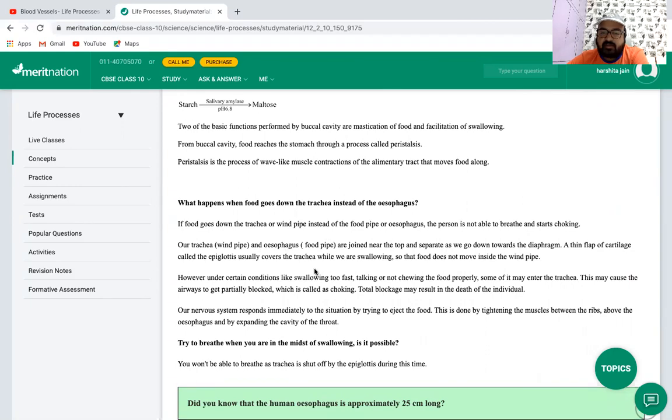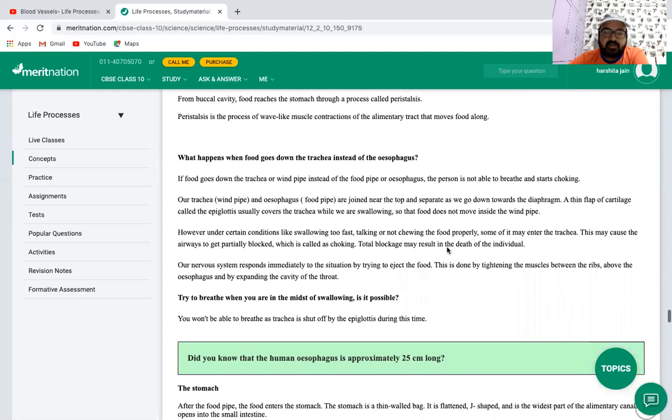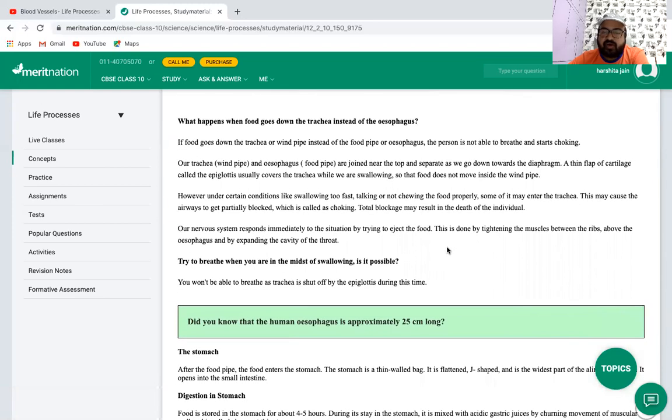If that covering was not there, it would be very difficult, right? So that's why the food does not move inside. That's why it is always advisable not to talk much at the time of eating. However, in certain cases like swallowing too fast, talking or not chewing, this may cause the airways to get partially blocked, which is called choking. Hindi mein usko hitchki kehte hain.